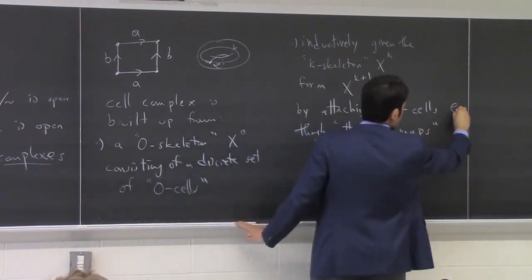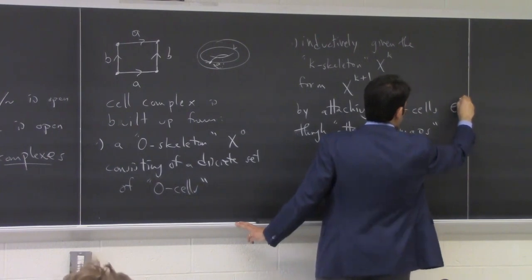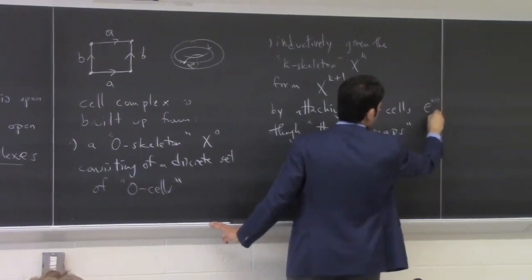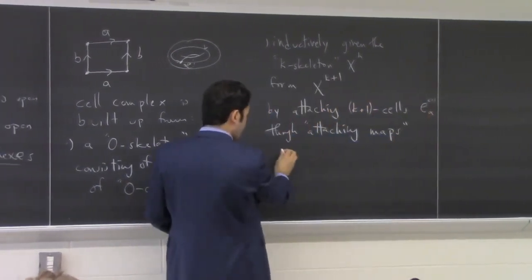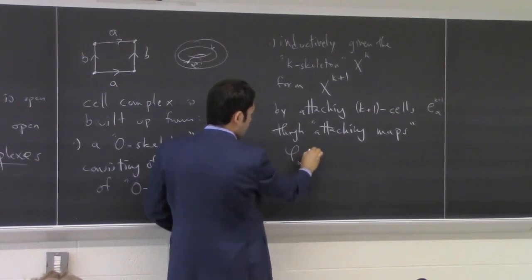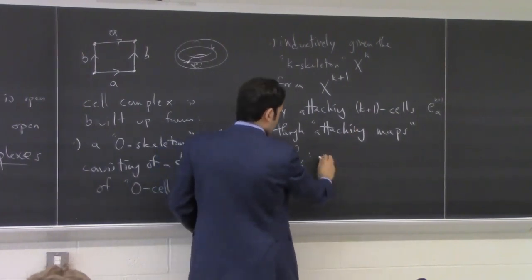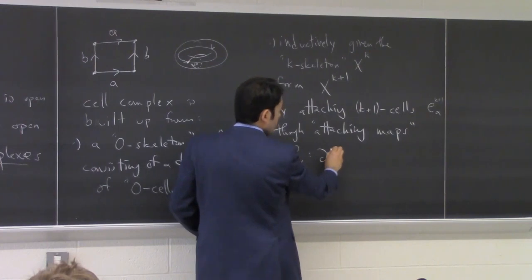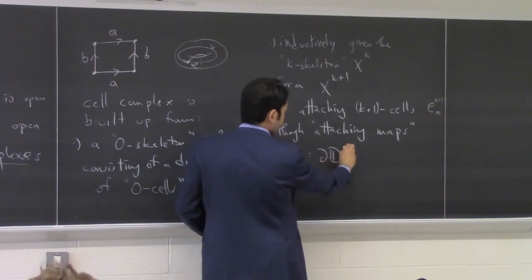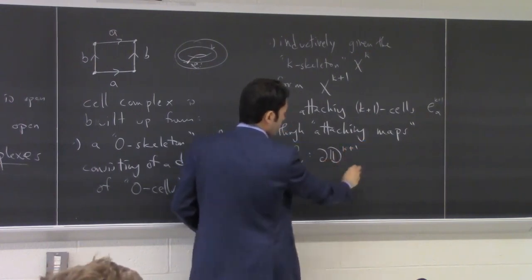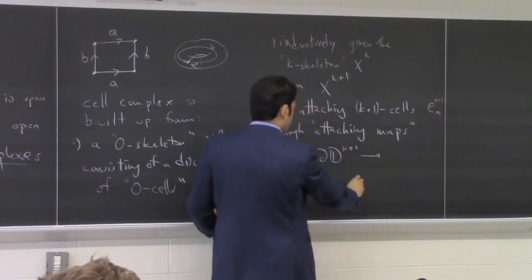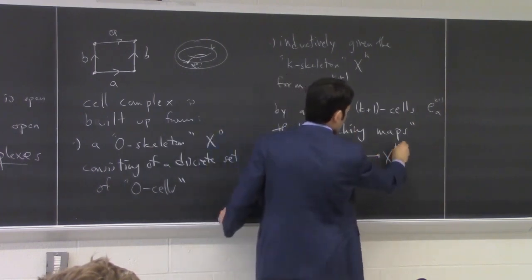So let's say you call these A upper K+1, lower alpha, where alpha is some indexing set. Then for each alpha, we have a map from the boundary of the disk of dimension K+1 onto the K skeleton.